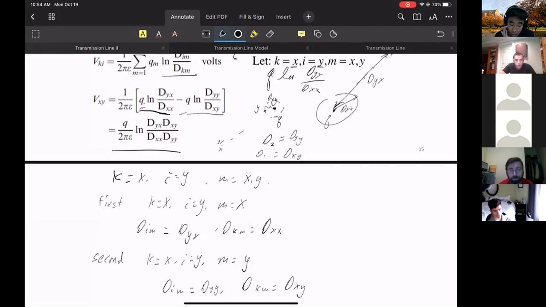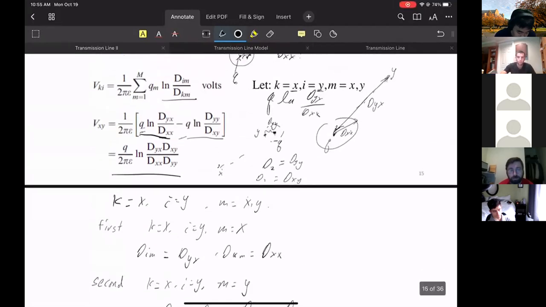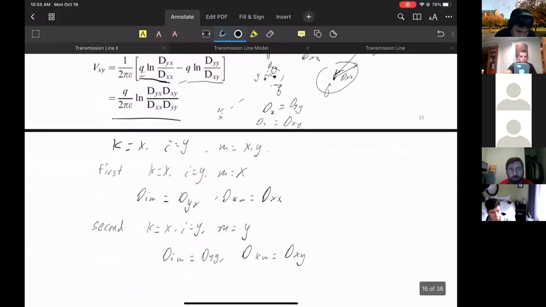Any other questions about this? This can be a little bit confusing, so if you have a question, please ask. This sums up, for each conductor, this log term, just computing the ratio of the distances between the two points x and y.